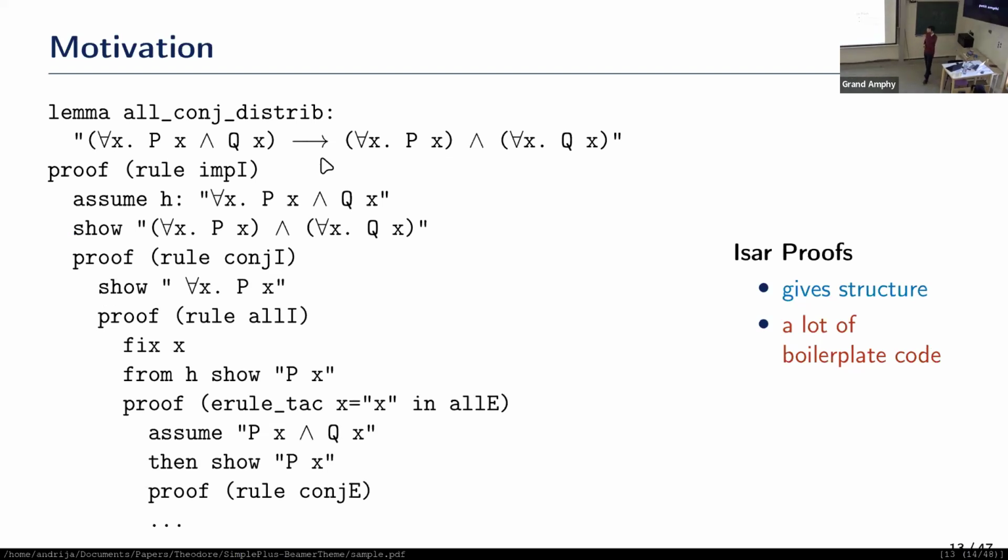Another example that we'll see is structured proofs in Isabelle. They actually give us structure, but we see that there is a lot of boilerplate code.